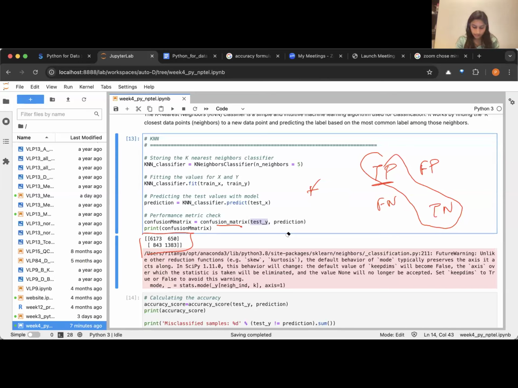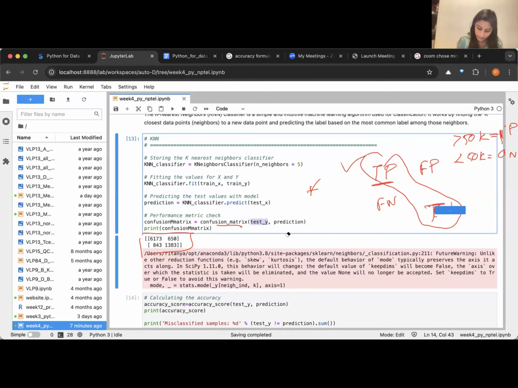Let's say greater than 50K was encoded 1 and less than 50K was encoded 0. So here we consider 1 as positive, 0 as negative, just the way the computer takes it. Here it says how many positive values were correctly identified as positive. Those are true positives.